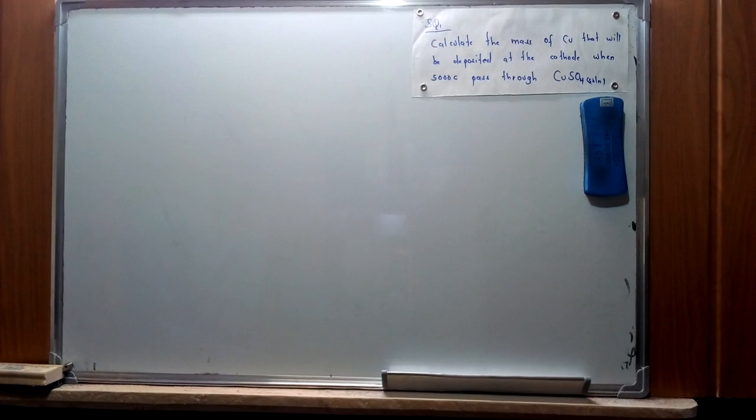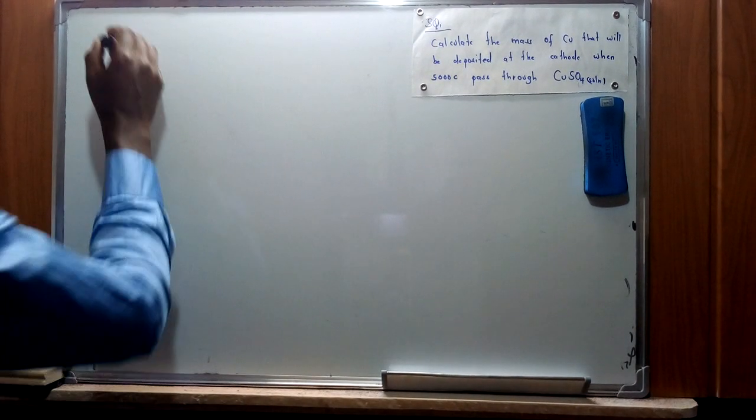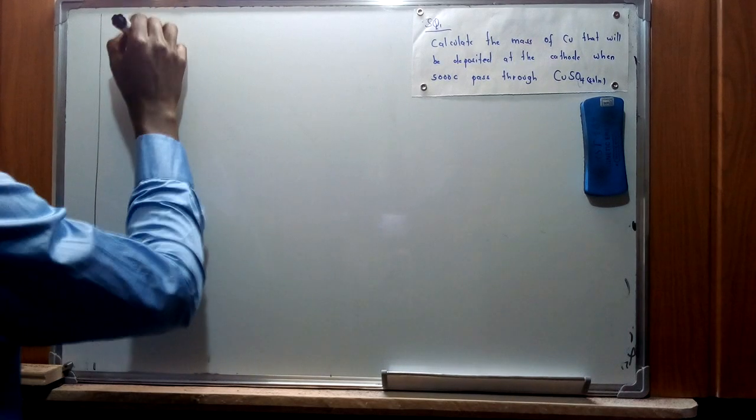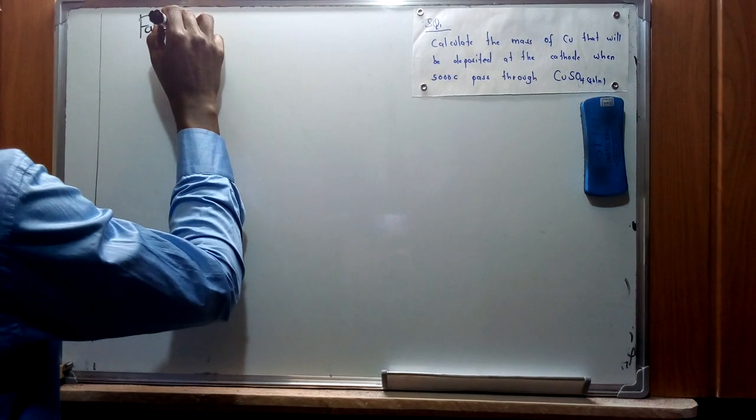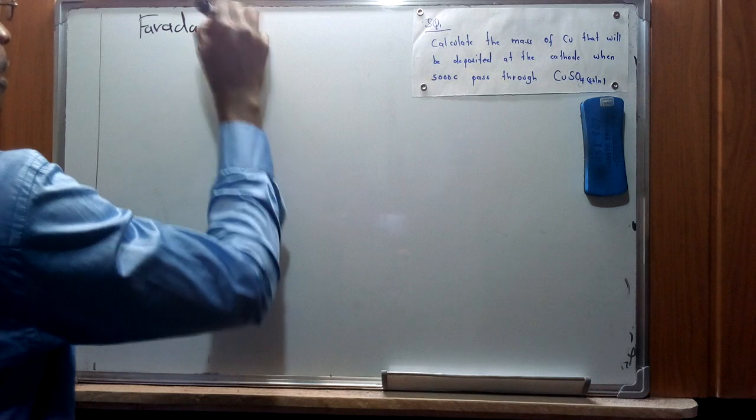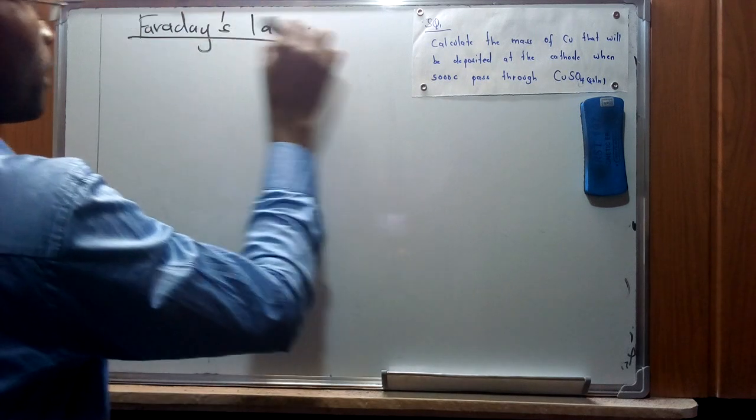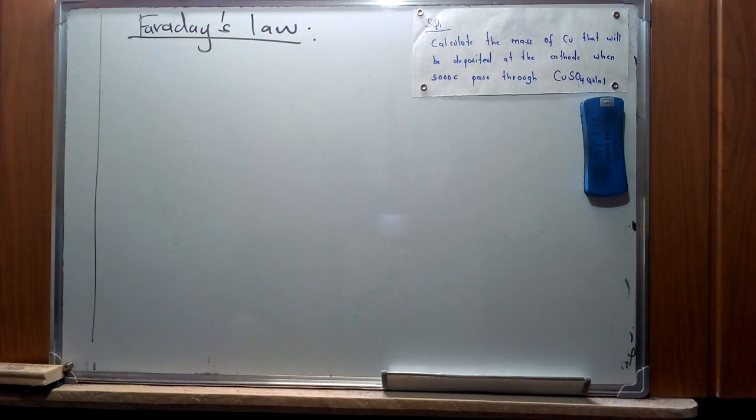So as I've said, today we're going to look at a process in electrolysis, and this basically is going to entail the concept of Faraday's law. Which we're going to see, which basically entails the relationship between the mass of a substance that is involved in electrolysis and the quantity of a charge that is being involved.